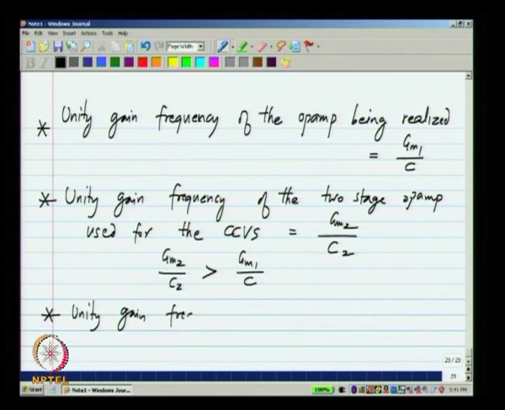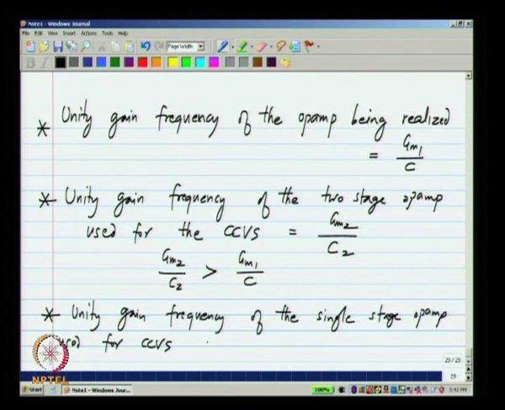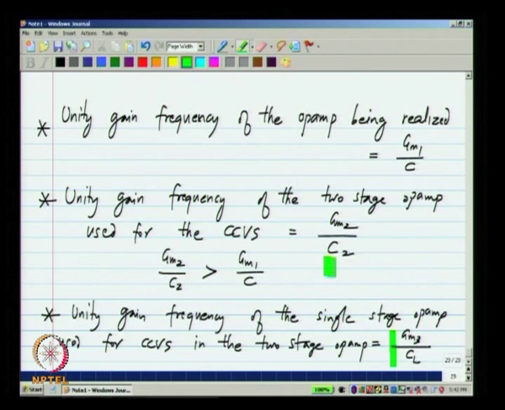So, the unity gain frequency of the single stage op amp used for the current control voltage source in the two stage op amp equals GM3 by CL. Okay. And this clearly has to be more than that one, so that the two stage op amp itself works properly.